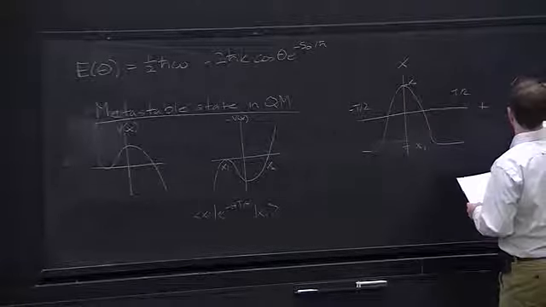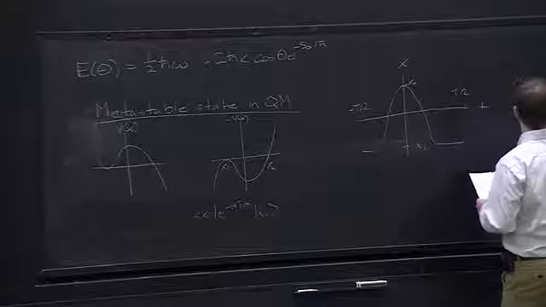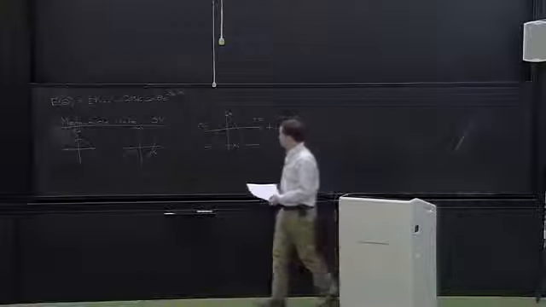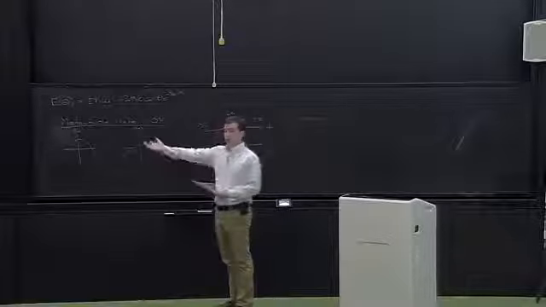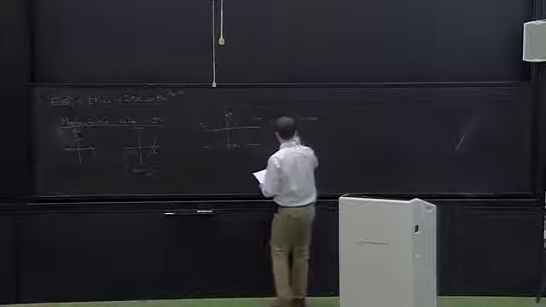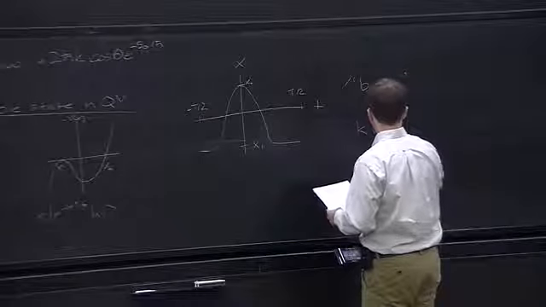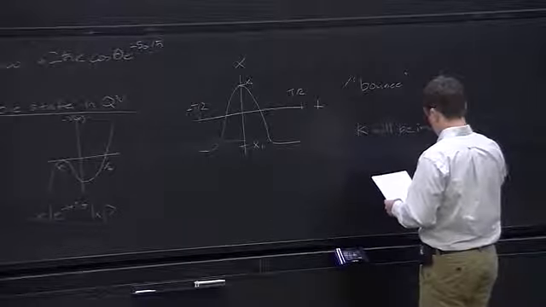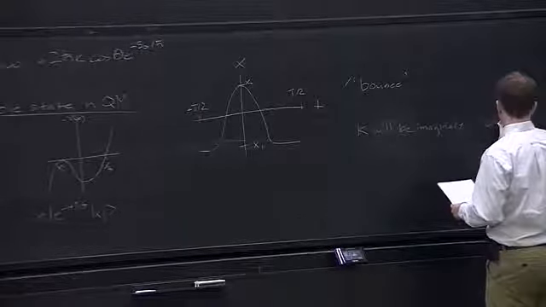So this is known as the bounce. And the only difference really between this case and the cases we've been considering before is that k will be imaginary. There'll be one negative eigenvalue.